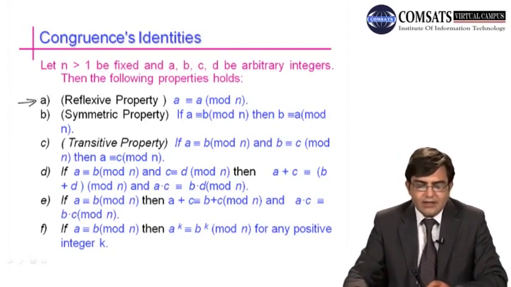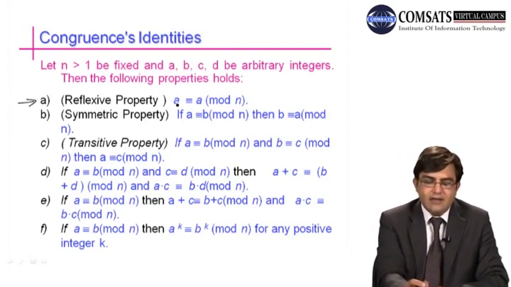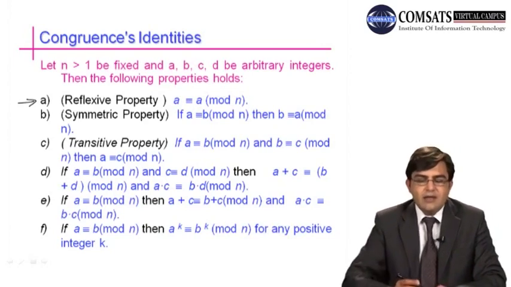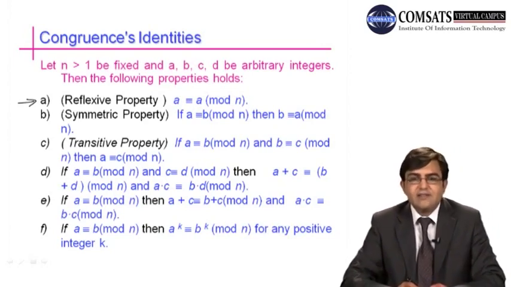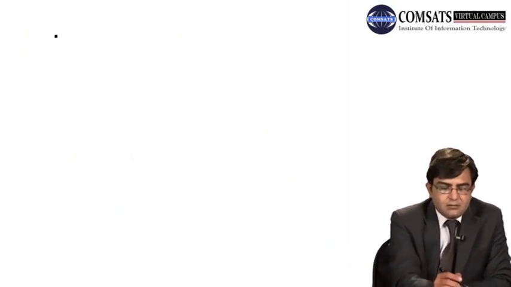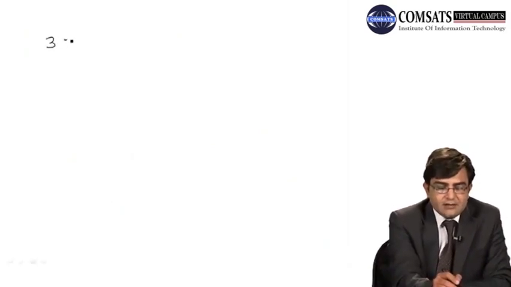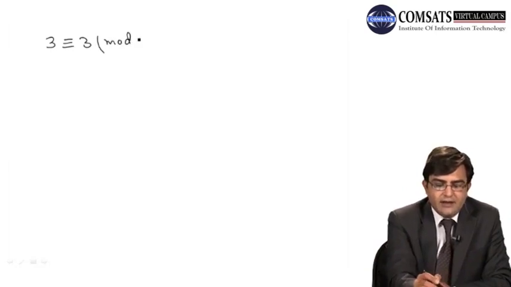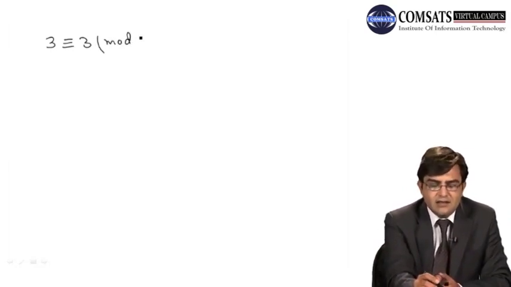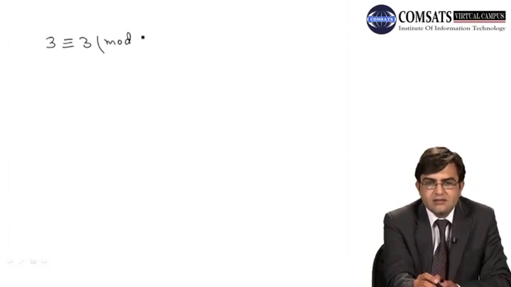In the reflexive property, we have a is congruent to a mod n. What does it mean? That every number is congruent to itself always. For example, if we say 3 is congruent to 3 mod n, n can be 6, 8, 9, 10, 2, 3, anything.